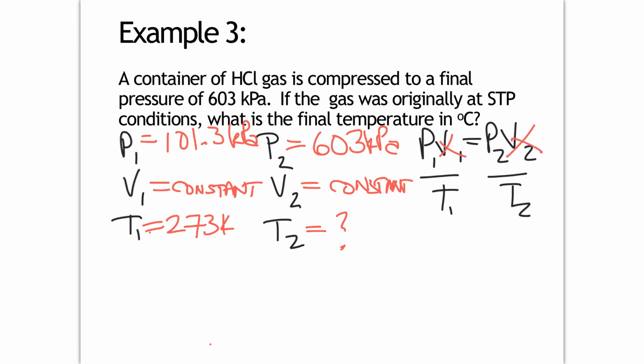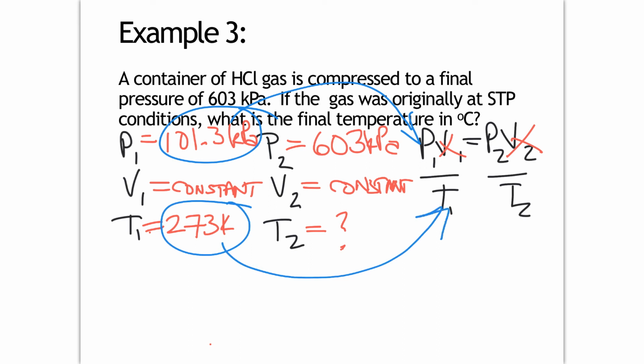Then you can go through and put in the variables where they need to go. The variable here will go here. 273 will go here. 603 will go here, and the temperature we're looking for goes here. Now we have a good understanding of where we need to solve.